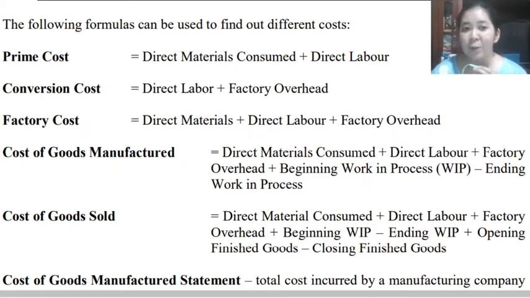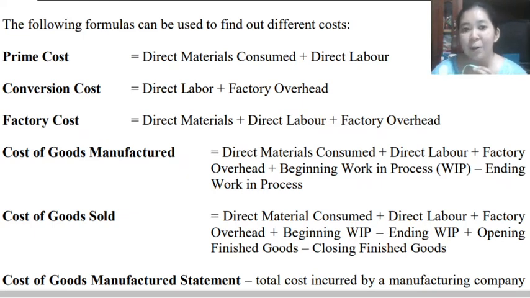So again, cost of goods sold is recognized when the inventory is sold, and its formula is, we just continue the formula of cost of goods manufactured and incorporate beginning and ending finished goods costs.